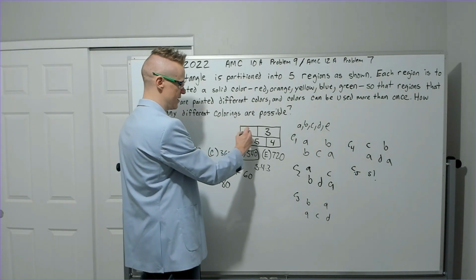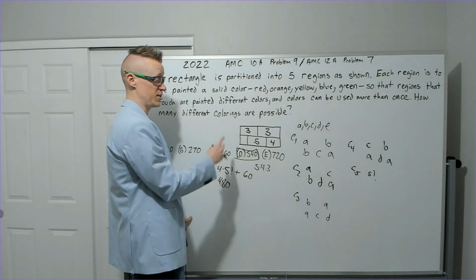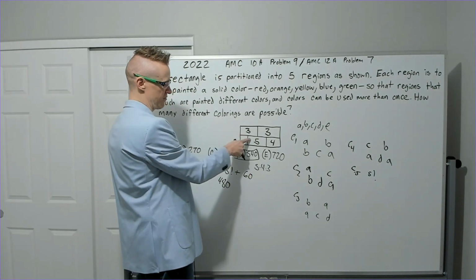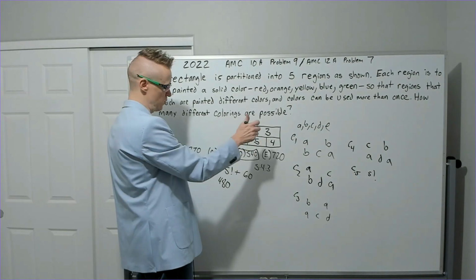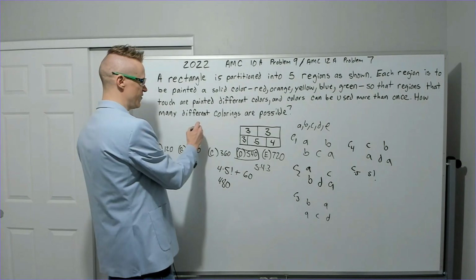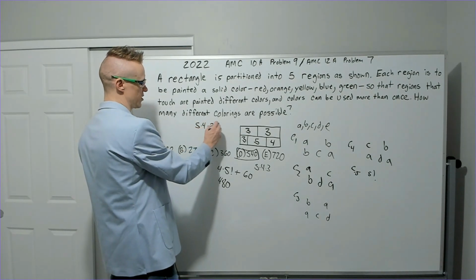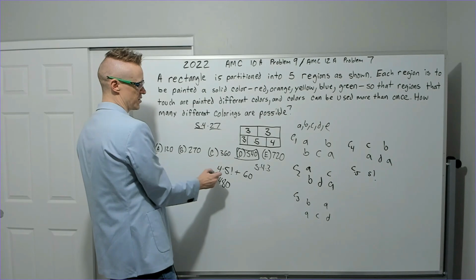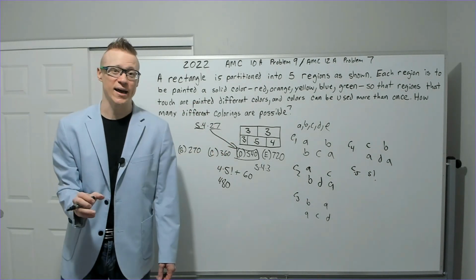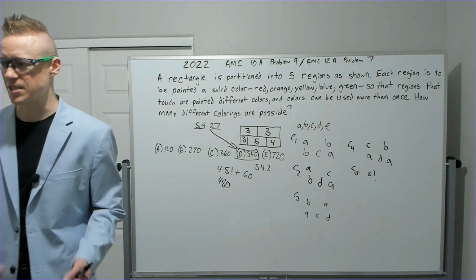So it would again have 3 choices because you can reuse colors. And finally down here it has to be different from these 2. It could be the same as either one of those, which is why you would again have 3 choices. If you then multiply 5 times 4 times 27, 20 times 27, 540. Pretty slick if you thought of doing it that way, but we're going to get on to the next problem.